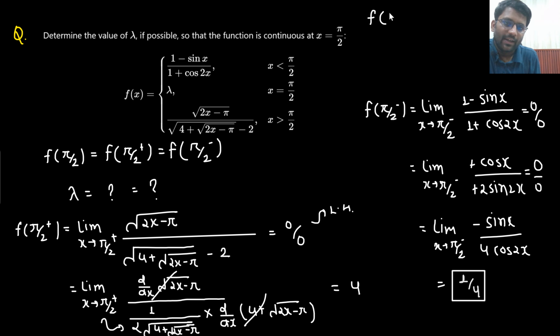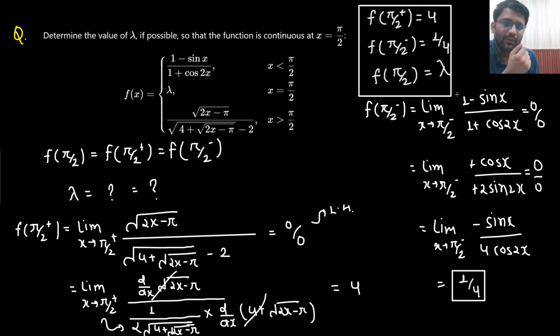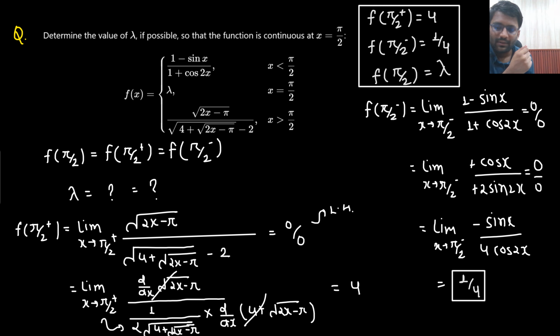F of pi by 2 plus is coming out to be 4, and f of pi by 2 minus is coming out to be 1 by 4, and f of pi by 2 they are saying is lambda. If you know all these things, what does that mean? It is not even continuous. So the answer will not be possible to find.